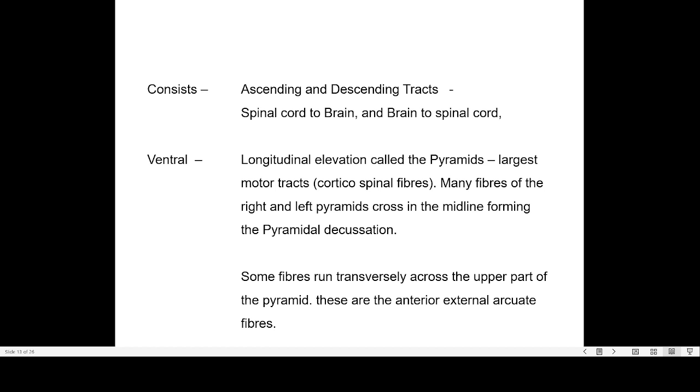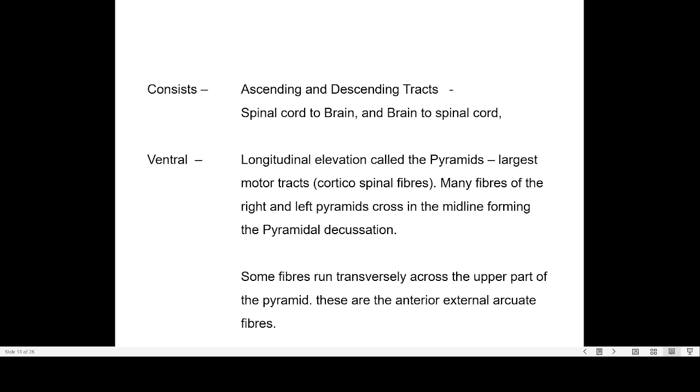So this is a group of nerve fibers, motor tracts in the pyramid. Here many fibers of the right and left pyramids cross in the midline.